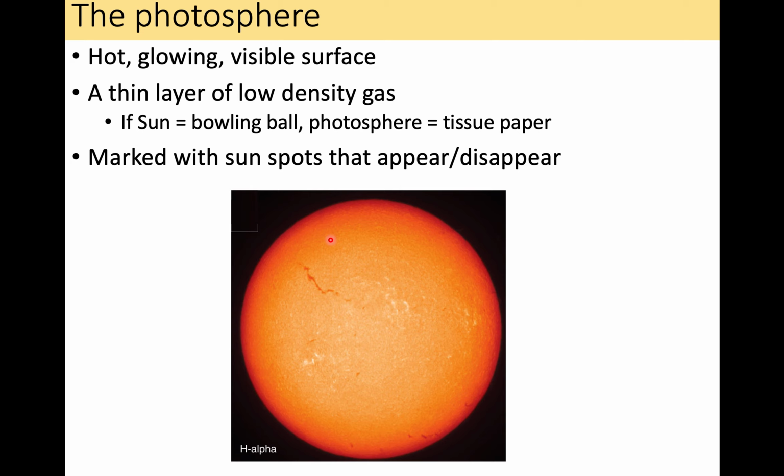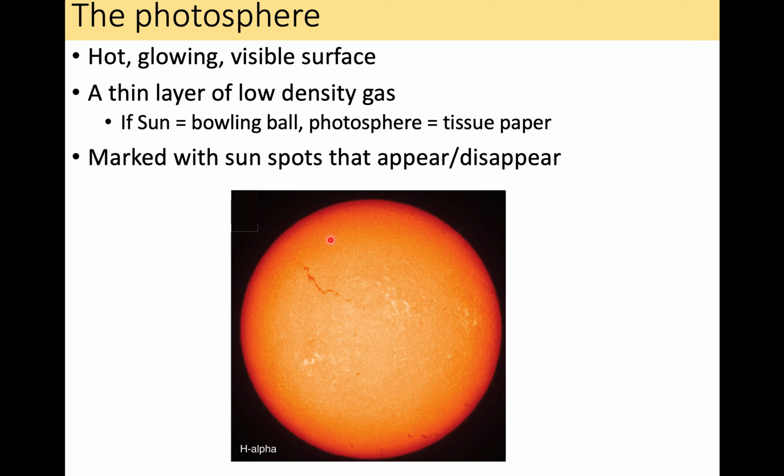So the photosphere, surface of the sun, very, very hot. It is glowing. It's very bright. It's the visible surface of the sun. It's actually quite a thin layer, and it's very, very low density gas. So if you were to think of the sun as a bowling ball, so if you were to shrink the sun down to a bowling ball and create the photosphere to scale, it would be about the thickness of a piece of tissue paper.